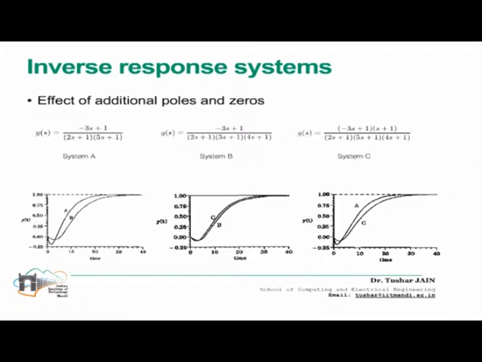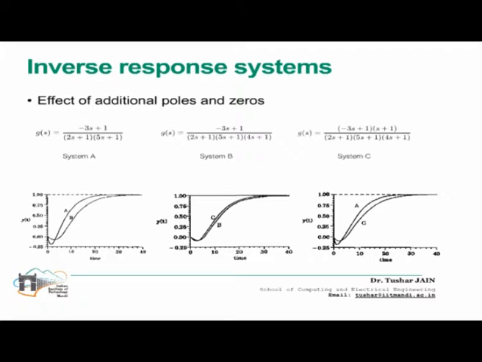Some effects of additional poles and zeros. I've written three transfer functions which are generated by system A, system B, and system C. In system A, you will notice that I have 2 poles and 1 zero in the negative direction, which for sure is going to give me an inverse response. In system B, I have 3 poles and 1 zero, and in system C, I have 3 poles and 2 zeros.